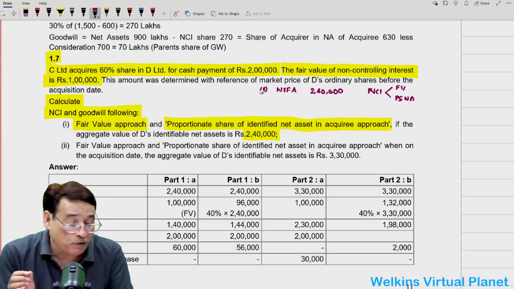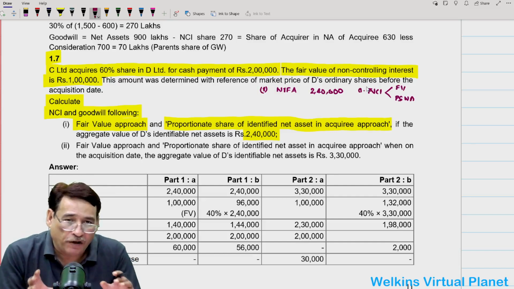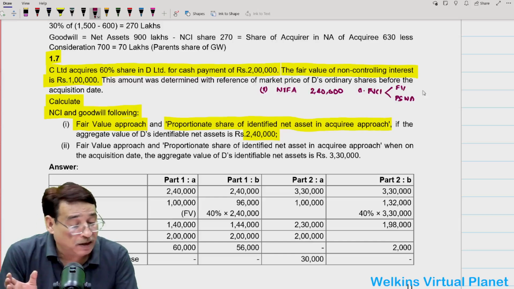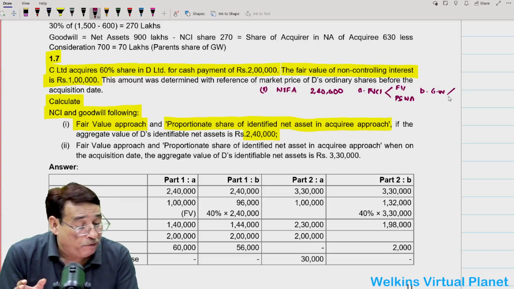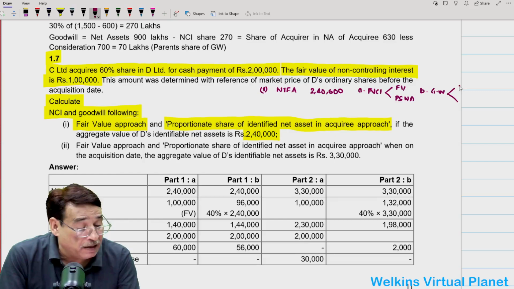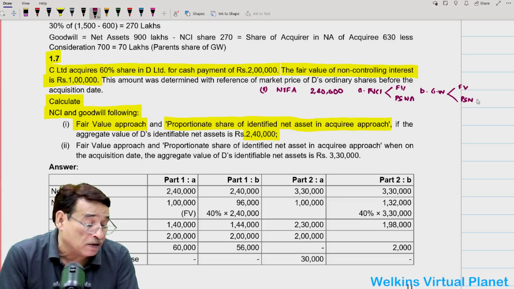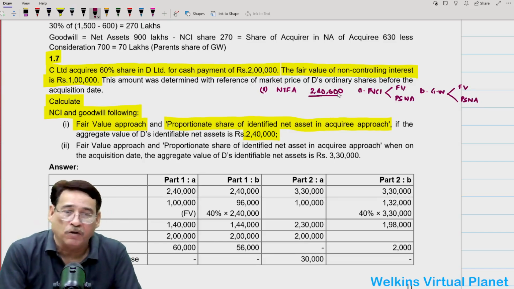As far as part 1 is concerned, you have to compute NCI on fair value basis and PSNA basis, and in this part you have to show the amount of goodwill also, when you are computing NCI at fair value and when you are computing NCI at proportionate share of net assets basis. This is basically the question. First of all, you must understand this particular question.